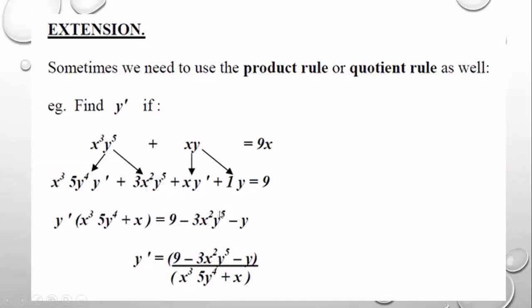Why do we do minus y? You see this also has no y dash. You move it to the other side. Take a common factor of y dash. So inside it should be x cube 5 y to the power 4 plus x, which is in the y dash component. So divide by that factor. Y dash is equal to 9 minus 3x square y to the power 5 minus y, over this component x cube 5 y to the power 4 plus x.